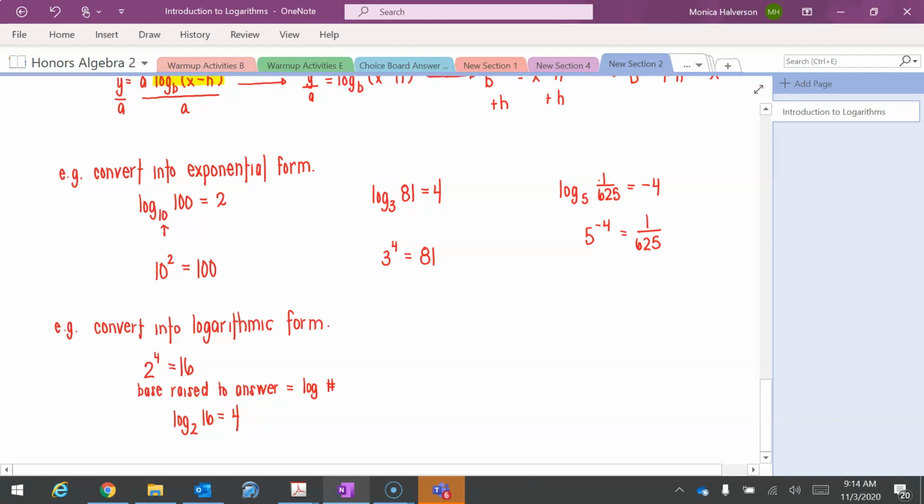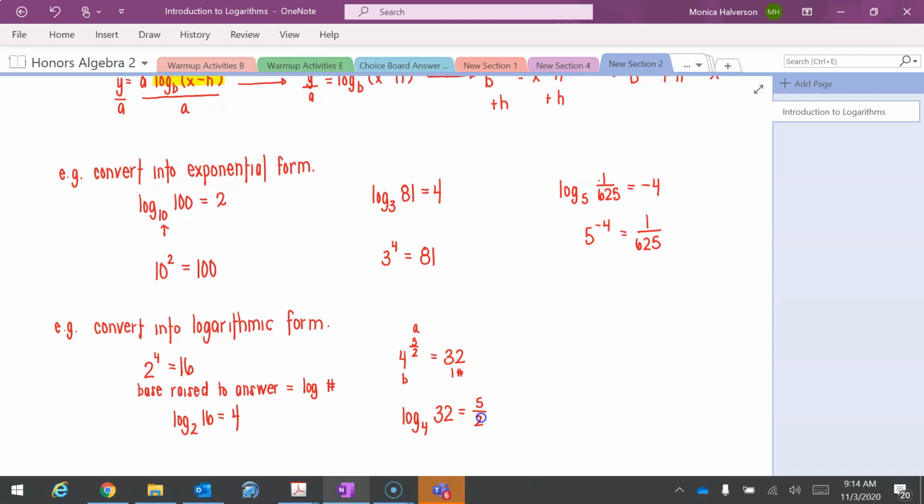Okay, let's do 4 to the 5 halves equals 32. So base raised to the answer equals the logarithmic number. So base, logarithmic number, answer. All right, I would like you to do one on your own.